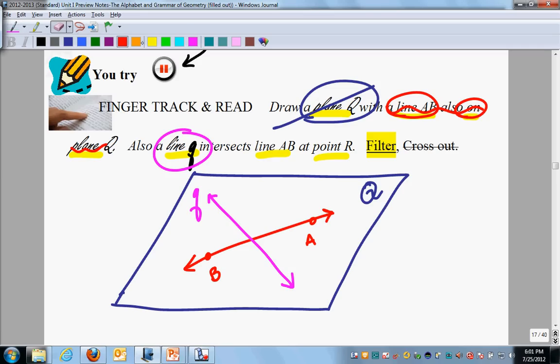And it intersects at a point R. Notice that's a capital R, so it is a point. And you are done. Check your diagram, check my diagram, and see how close you got. We're going to do many more of these next class.